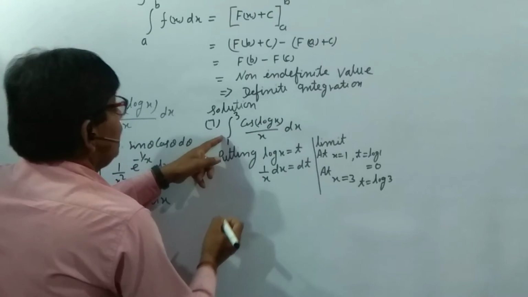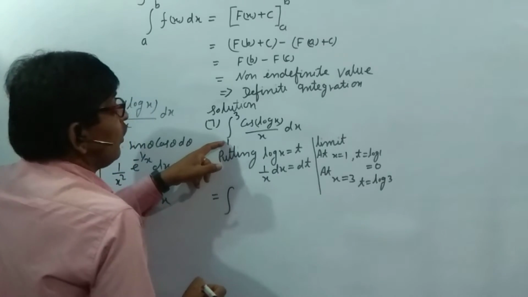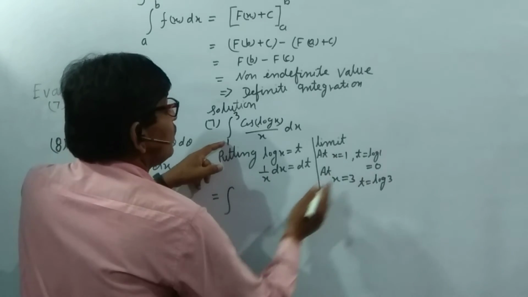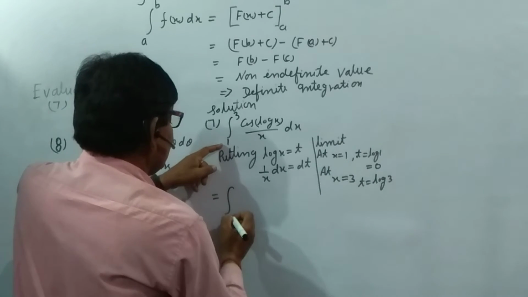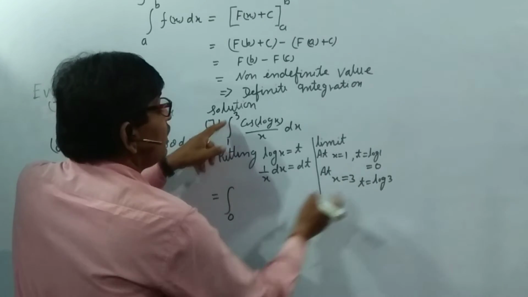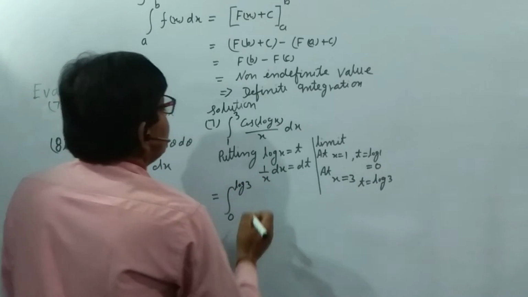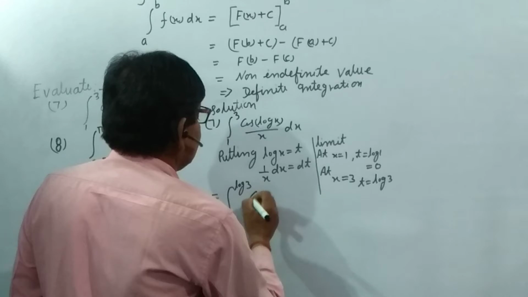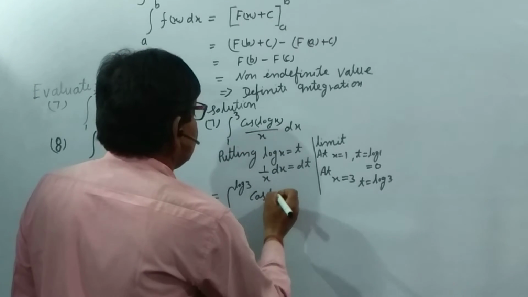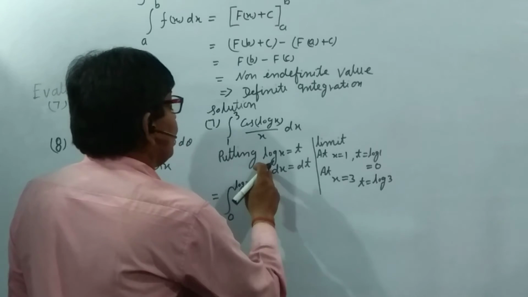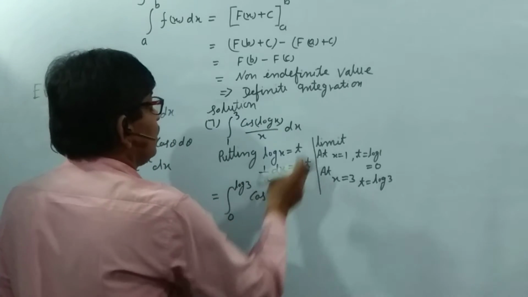Now this integration becomes, for x equal to 1, t equal to 0, and for x equal to 3, t equal to log 3, cos of log x equal to cos t, and 1 by x dx is equal to dt.